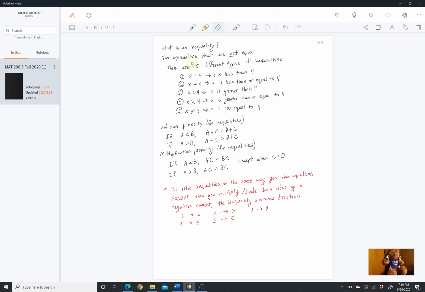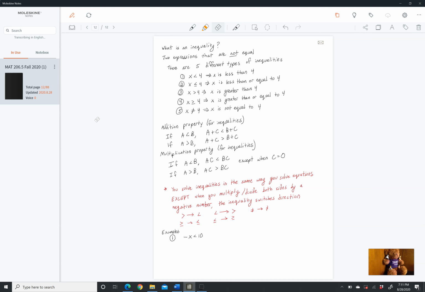But actually, let me do one example where that happens. I'm just going to number these, so these are our examples. Let's say that we have negative x is less than 10. Now we have two ways of solving this. One way is a shortcut.